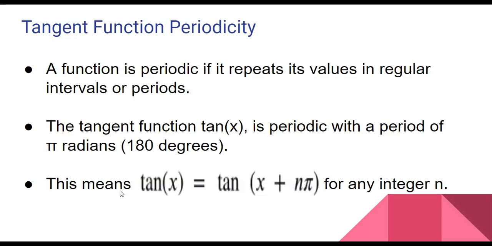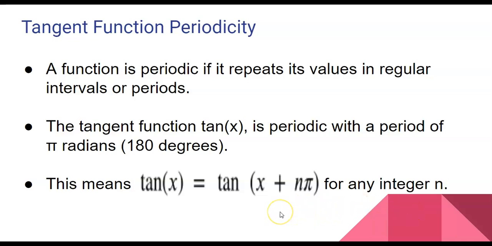Since tangent values repeat after completing a semicircle, and since one semicircle is pi, the tangent function is periodic with a period of pi radians or 180 degrees. This means that tangent x is equal to tangent of x plus n pi for any integer n.